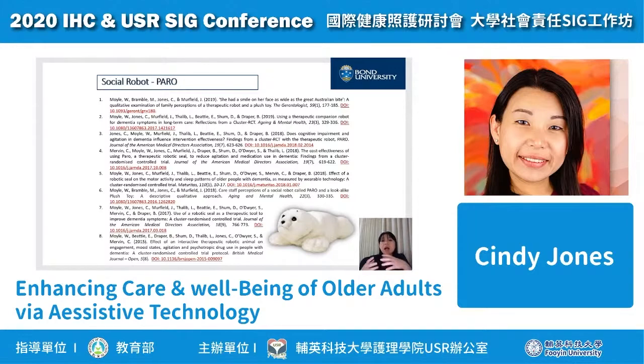We were the first large-scale RCT that actually researched over 400 people living with dementia, living in long-term aged care in Australia. It was the largest study of its kind at the time, and I believe this is still one of the largest studies on social robots, particularly Pyro.